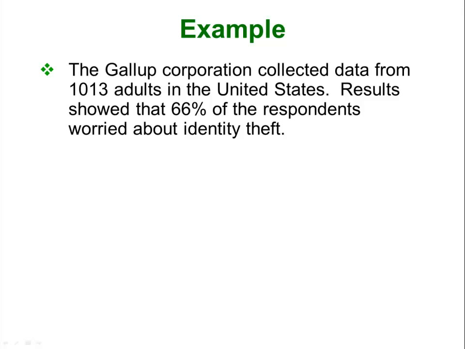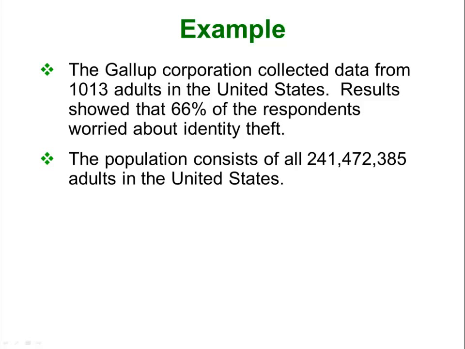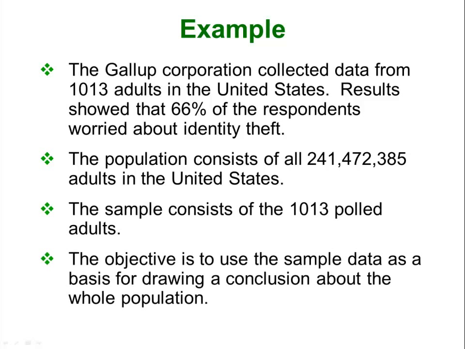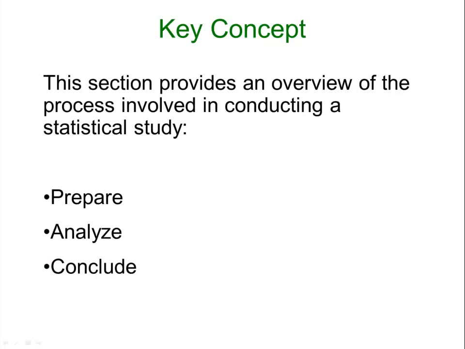The population, the thing that we're trying to understand something about, would most likely be all adults in the United States. So there's our population, there's our sample, and our objective is to use information from the sample to make guesses about what's happening in the population.